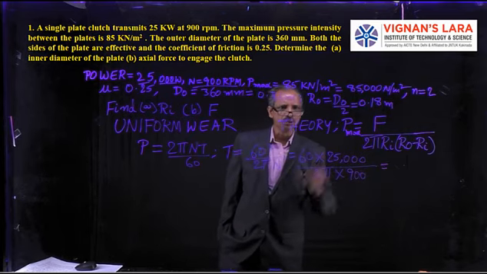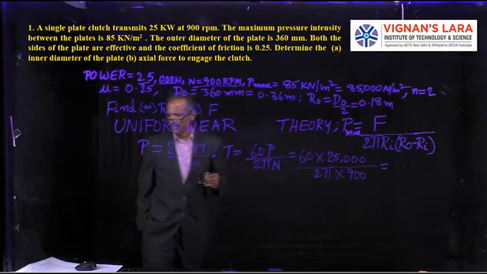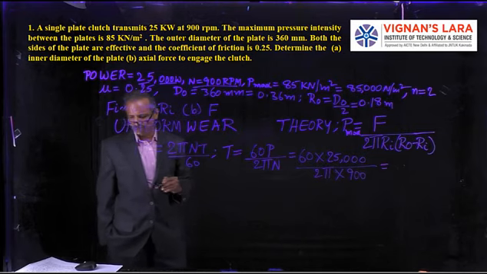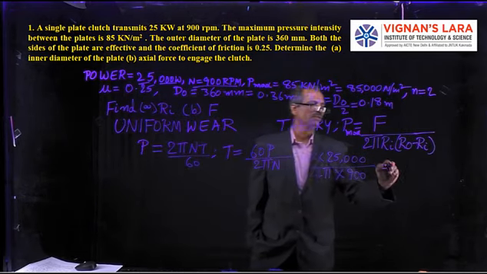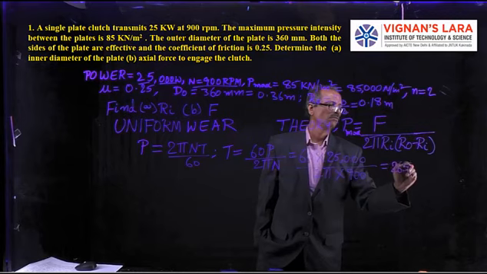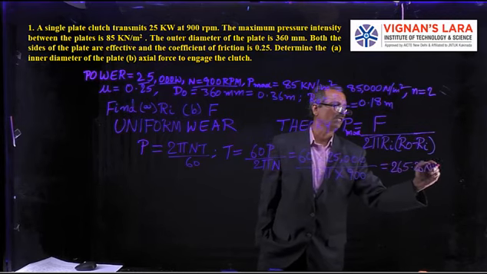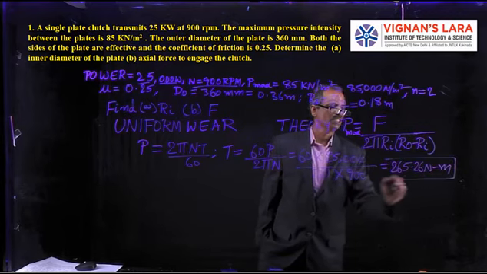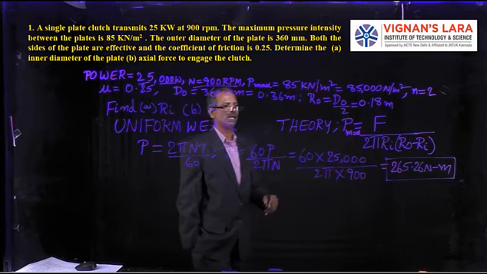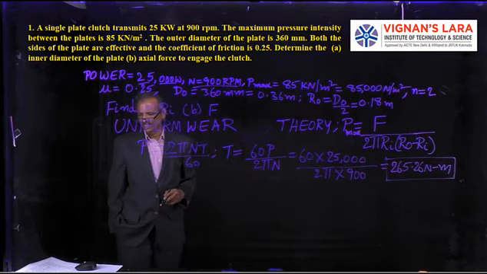If I calculate the value of T, I get 265.26 Newton meter. You get this value of T in your calculator.